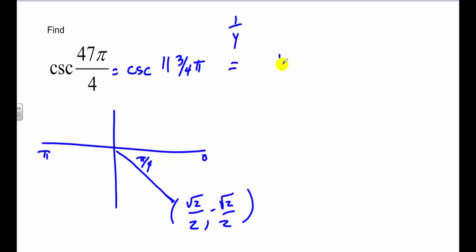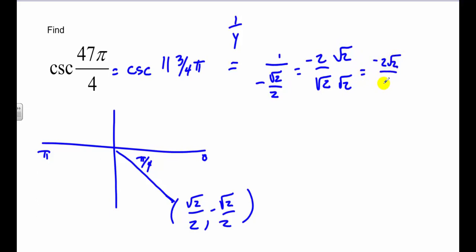So I have 1 over negative root 2 over 2 multiplied by the reciprocal, get 2 over root 2, and rationalize. So I end up with negative 2 root 2 over 2, which is negative root 2.